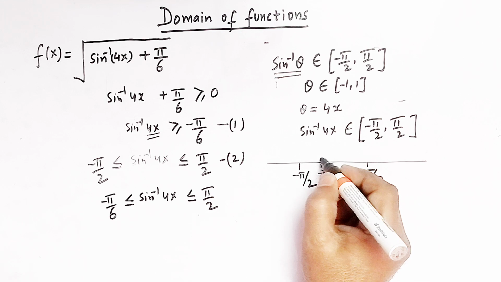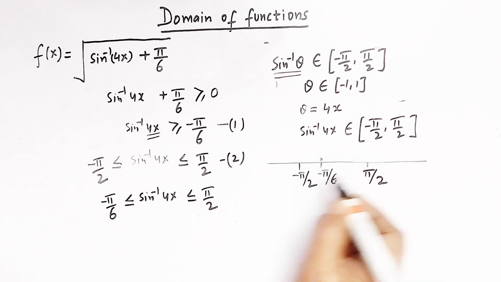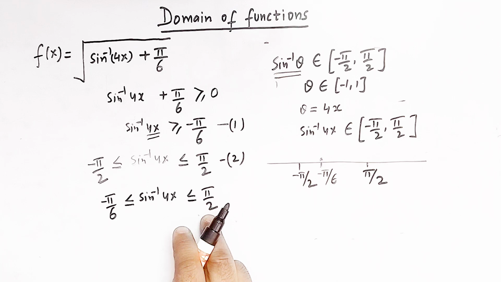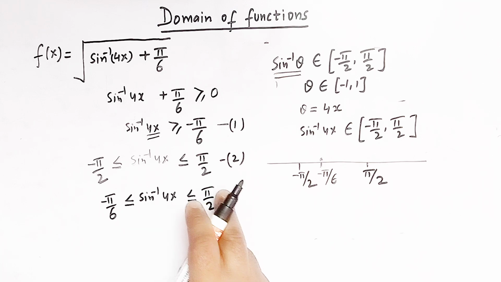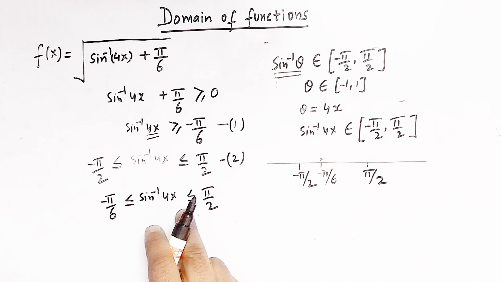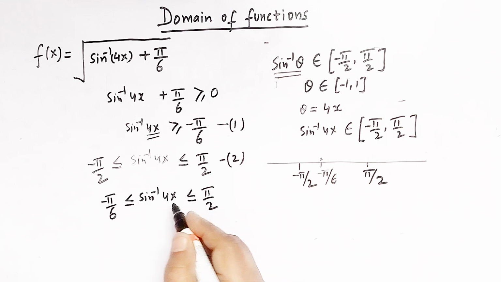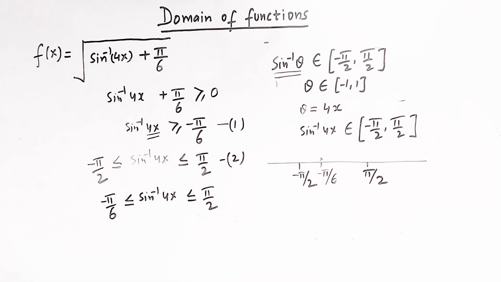So we have to consider only these two points, minus pi by 6 and pi by 2. So now we have this inequality, and from it we have to find the valid values of x for which this function is defined.